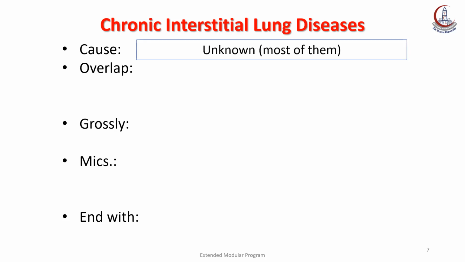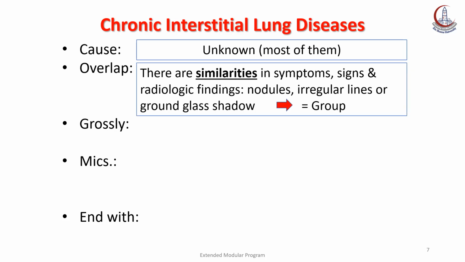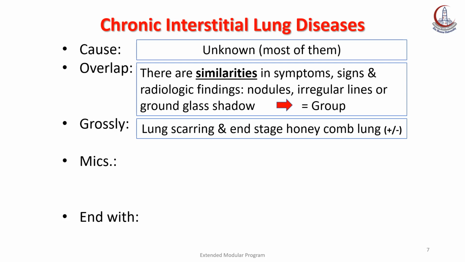Their cause is usually unknown for most of them. They are mostly overlapping as there is a similarity in the symptoms, signs, and radiological findings, such as nodules, irregular lines, and ground glass shadows, all under this group.